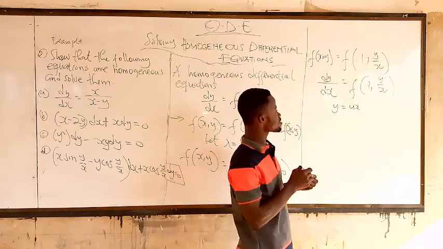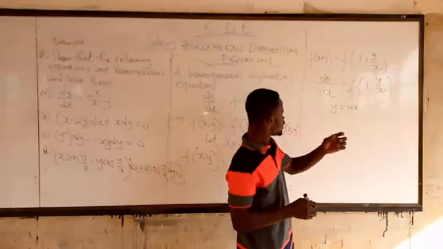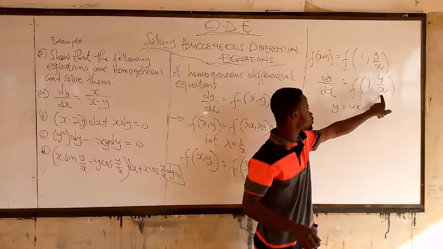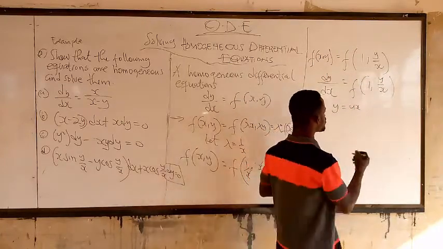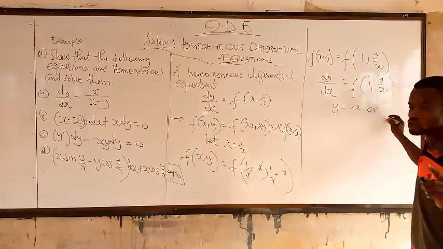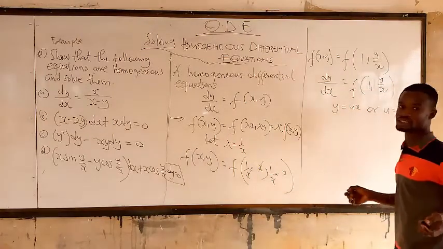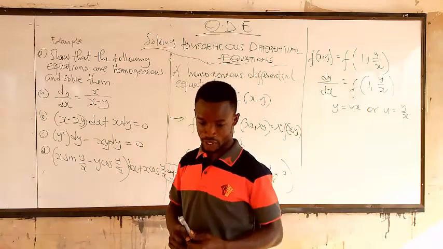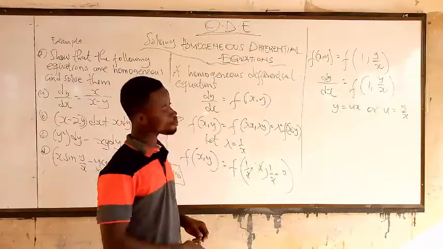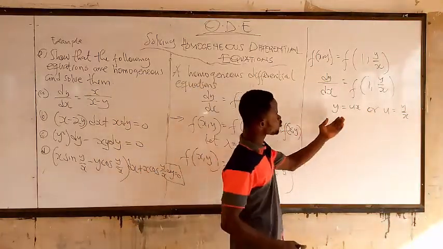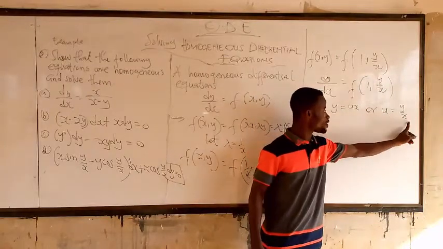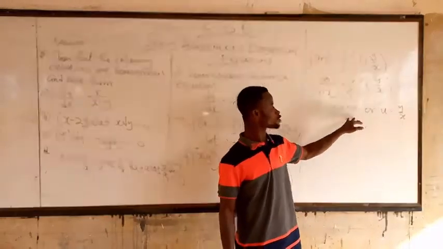In some books, they will make u to be equal to y over x, which is the same thing.